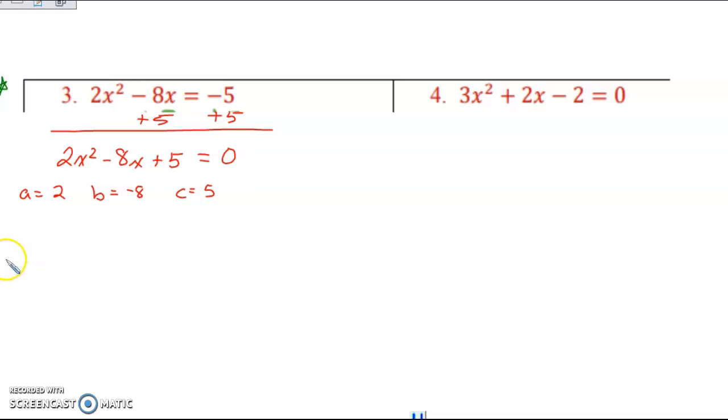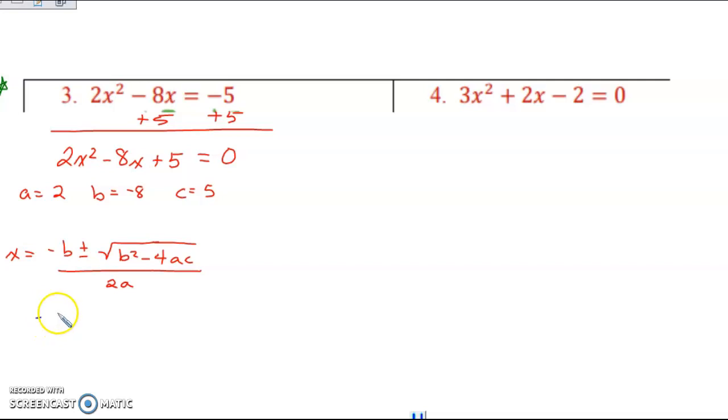And now, the more you write this formula down, the better it is at remembering what it is that you need to do. So that's negative b plus or minus the square root of b squared minus 4ac, all over 2 times a. All right, so let's start plugging in. So b is negative 8.